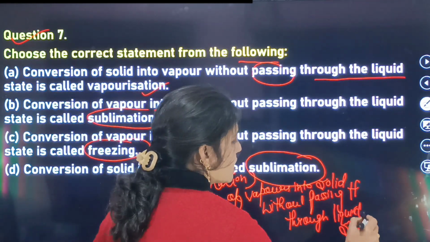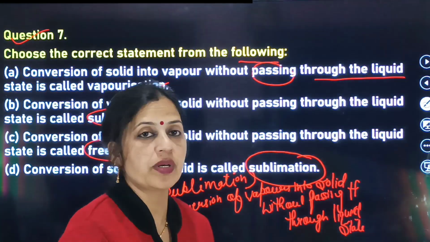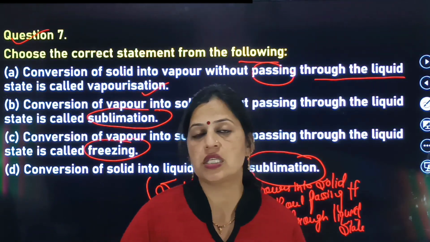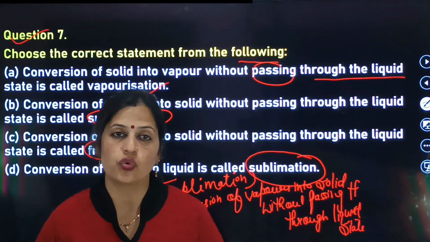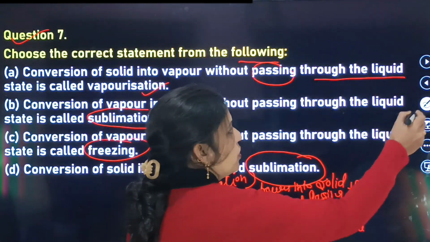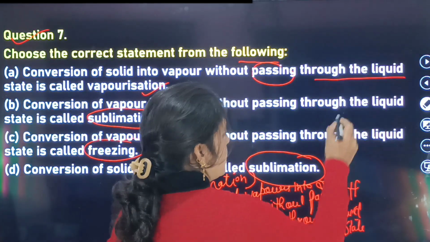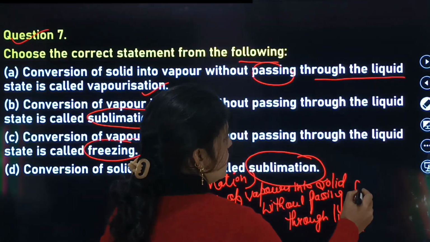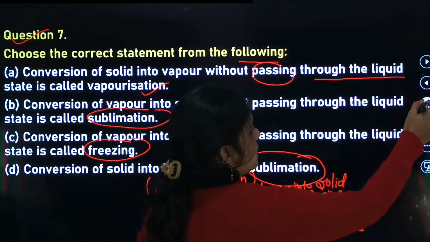So this is the correct sequence, that is conversion of vapors into the solid state without passing through the liquid state is known as sublimation. So this is the correct sequence.